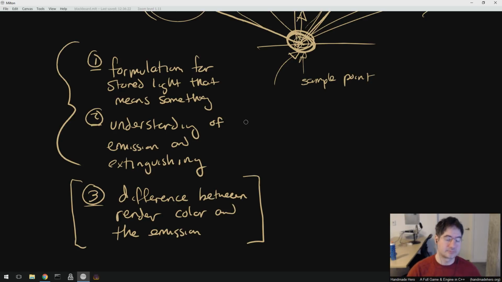But, okay, let me just point one thing out that I just thought of on point 3. The reason I think it's worth considering is because, for example, one of the things that we're having right now is we have trouble keeping our light balance correct.